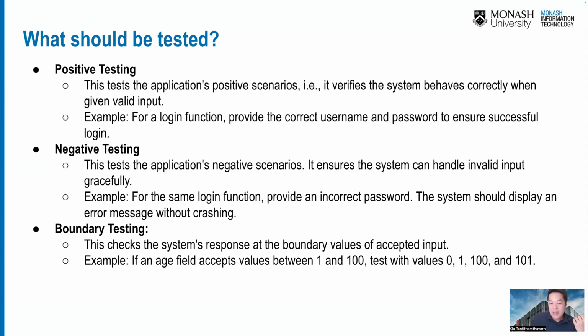Boundary testing is for when the input number is in a range. Let's say we want to test the letter grade of your mark, to see whether you will get the HD, pass, credit, whatsoever.